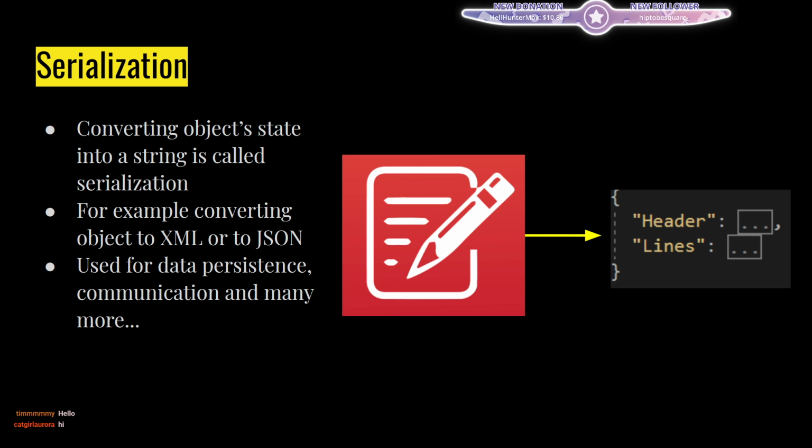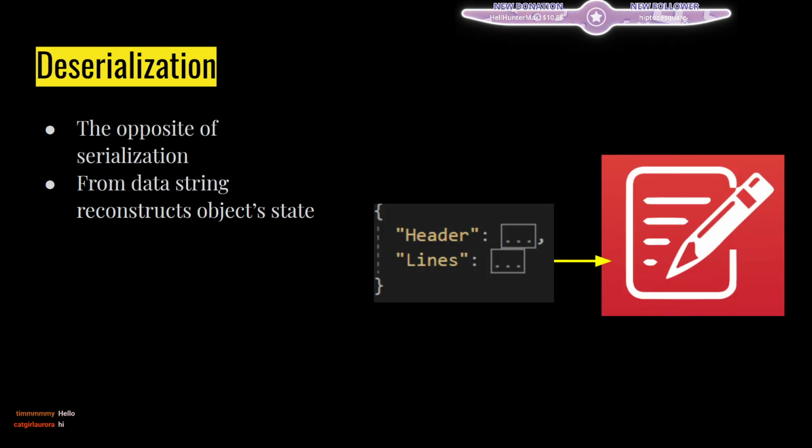So you take an object, you serialize it, you get a string. JSON, XML, doesn't matter much, but the process of taking an object and converting it into a string for some kind of data format is called serialization. And the opposite process is called deserialization.